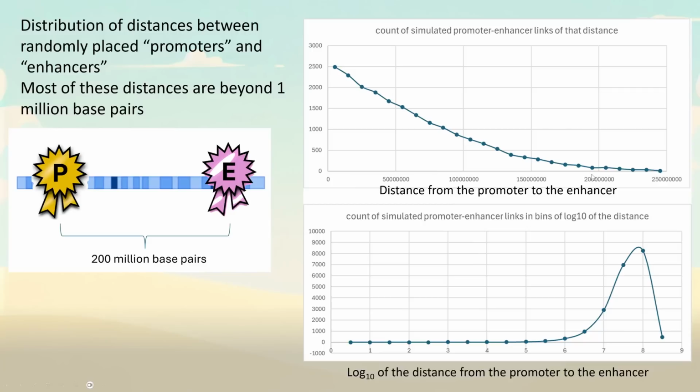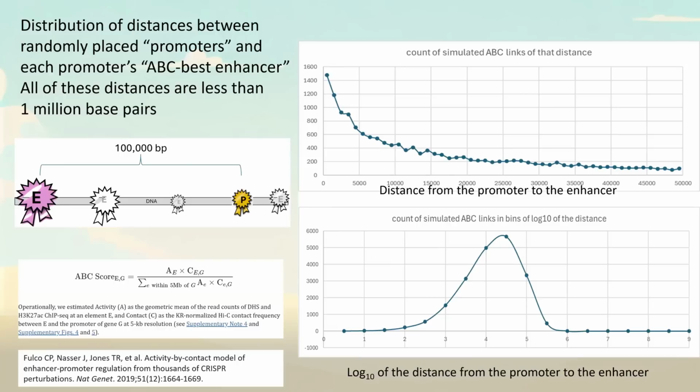This part we do talk about a bit in the Fauman and Hyde paper. But this is what you get if there's no specific relationship between the promoter and the enhancer, you just pick two random pieces. The insight I had here, and I hope over the next two days we'll talk a bit about these different ways of linking enhancers and promoters. I happen to be a big fan of Jesse Engreitz's work with the ABC model.